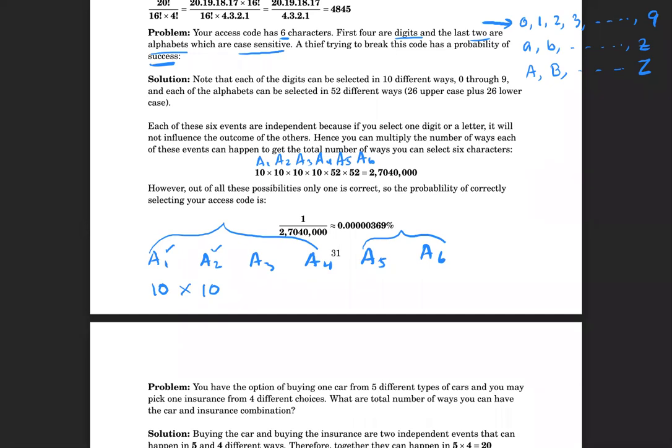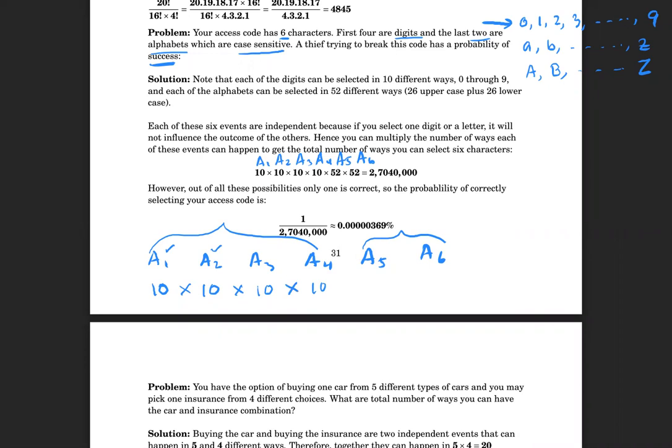How many different ways can event A3 happen? Also 10 ways, so it's 100 times 10, which is 1,000. Event A4 is 1,000 times 10, because you can still pick one of the 10 digits.